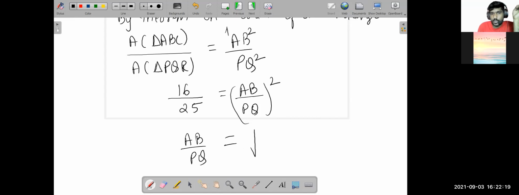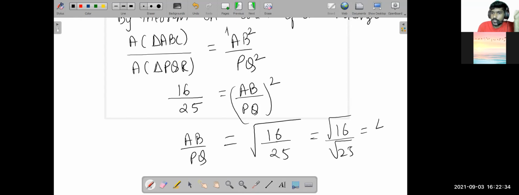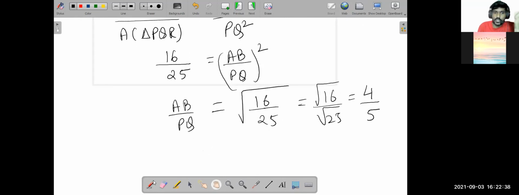So this will become square root of 16 upon 25, and you can separate it as square root 16 upon square root 25. You know, square root of 16 is 4, square root of 25 is 5. So the ratio AB upon PQ is equal to 4 upon 5.